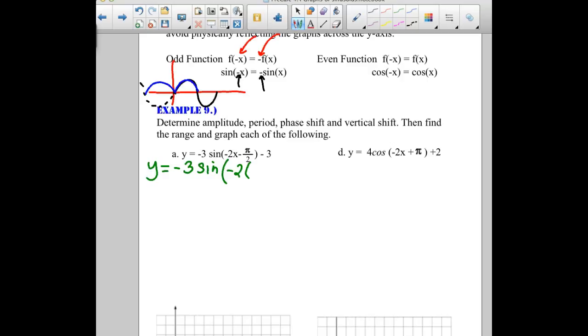So if we divide -2x by -2, we just get a plain x. What do we get if we divide this -pi/2 by -2? A negative divided by a negative is going to be positive, right? And dividing pi/2 by another 2 gives us pi/4. Okay? And then we still have the -3 on the very outside.